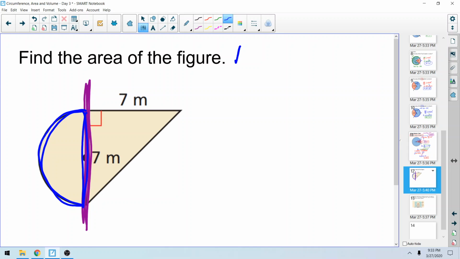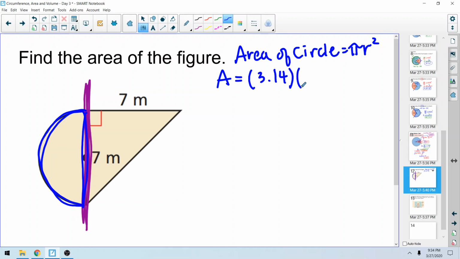So I'm going to start with area of circle, pi r squared. So the area of my circle is pi times the radius. Do we know the radius? No, we don't. We know this whole line is 7.